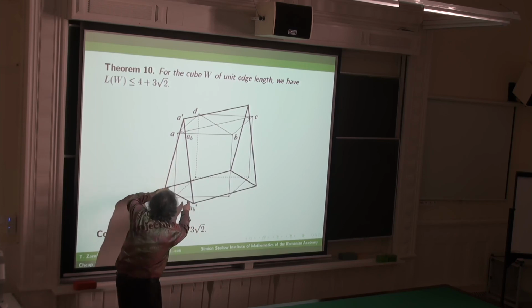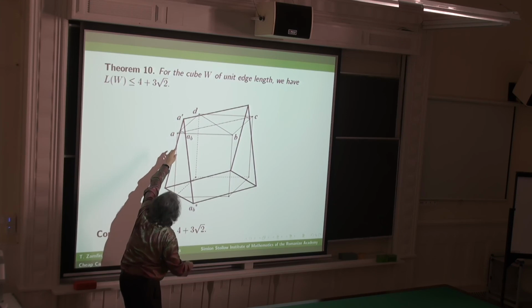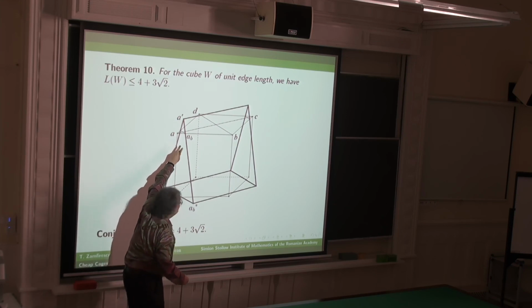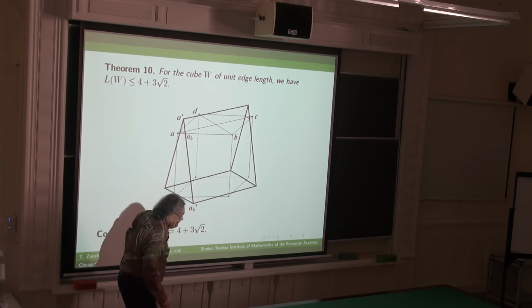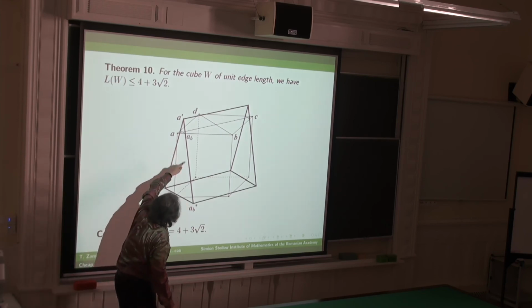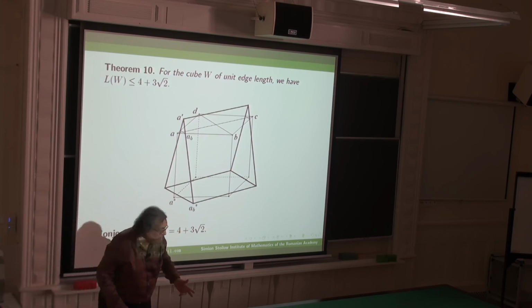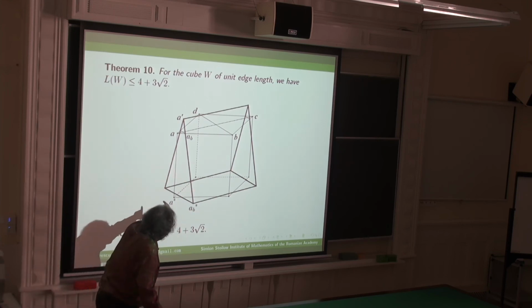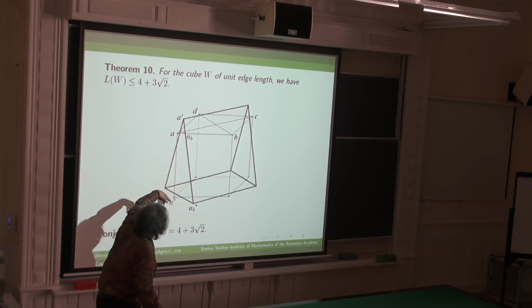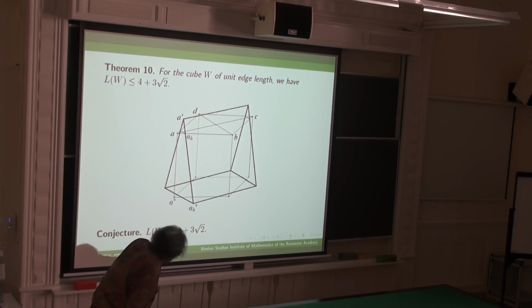So this can be made very small. And so this is going below the cube. So in the limit, we have 3 times the diagonal and 4 times the edge, which means 4 plus 3 times square root of 2.